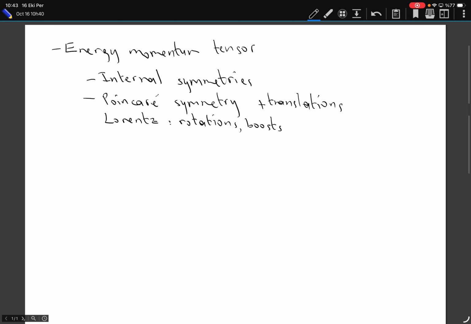And these symmetries, because in this case we are changing the space, are called space-time symmetries.